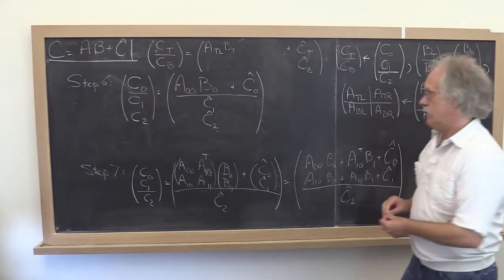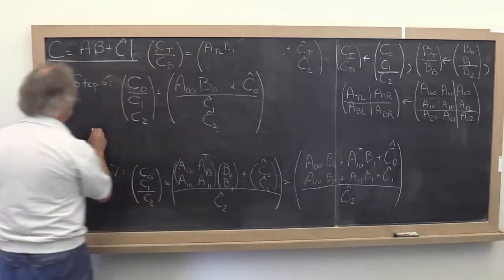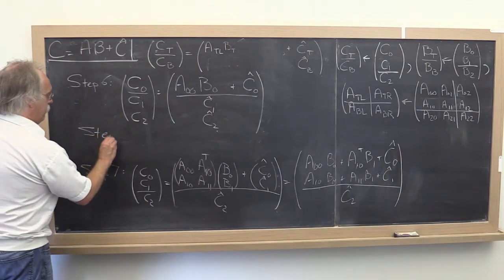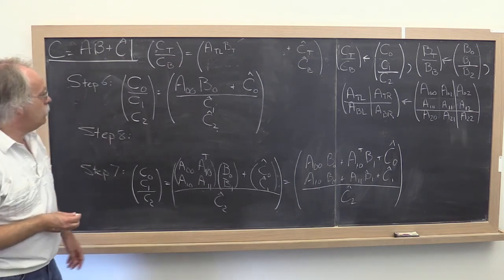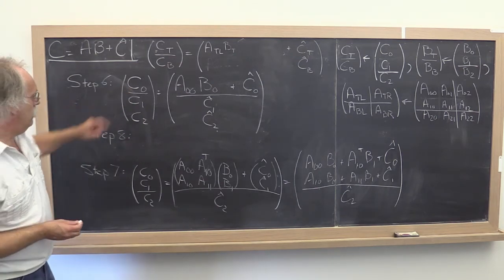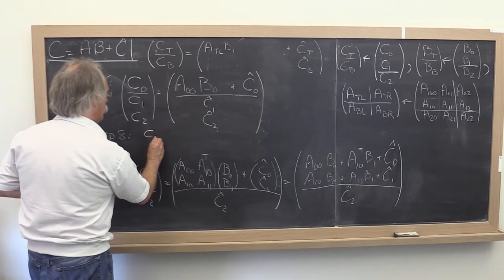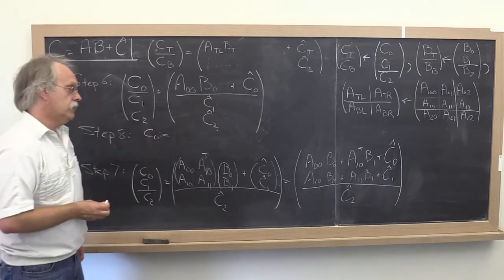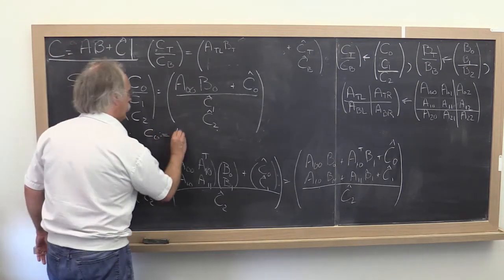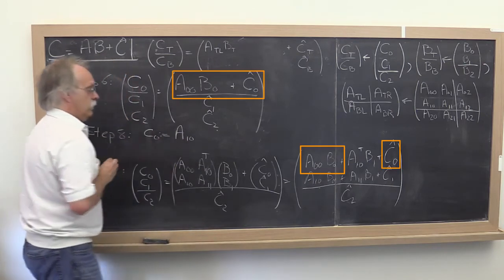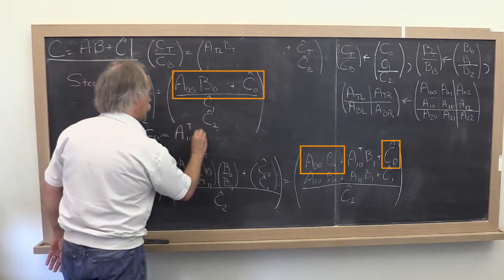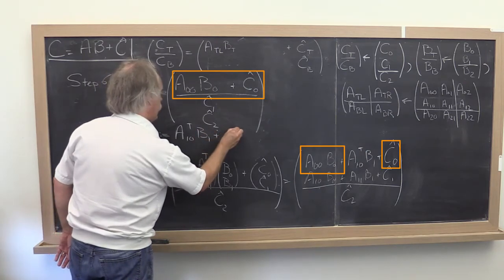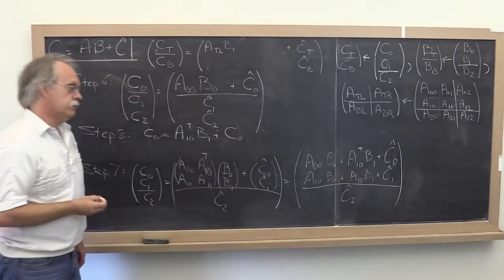And now what? Now we have to determine what the update must be. And what must it be? Well, let's figure out how C0 should be updated. So we recognize that it should be updated with A10 transpose times B1 added to what's already in C0.